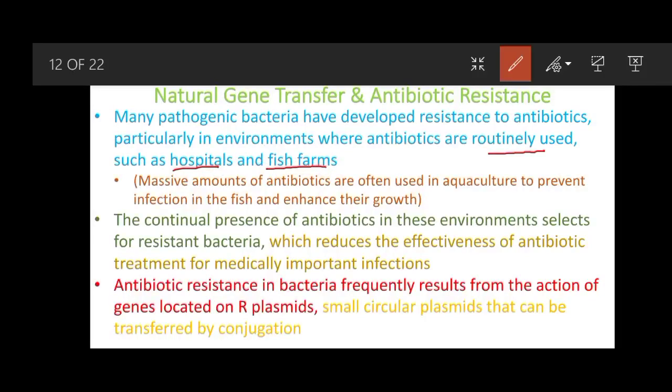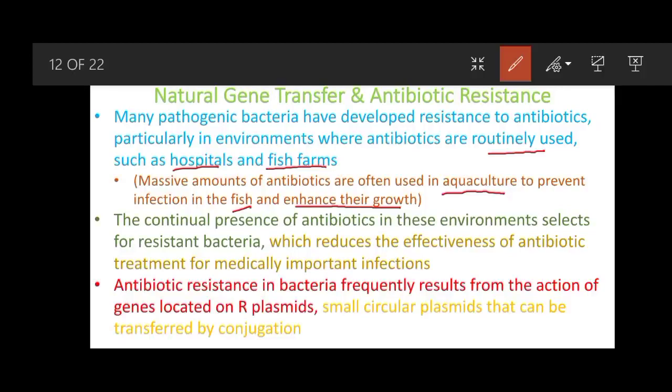A massive amount of antibiotics is often used in aquaculture to prevent infection in the fish and enhance their growth. When a massive amount of antibiotics is used, it causes the selection of the strains which are resistant to different antibiotics.